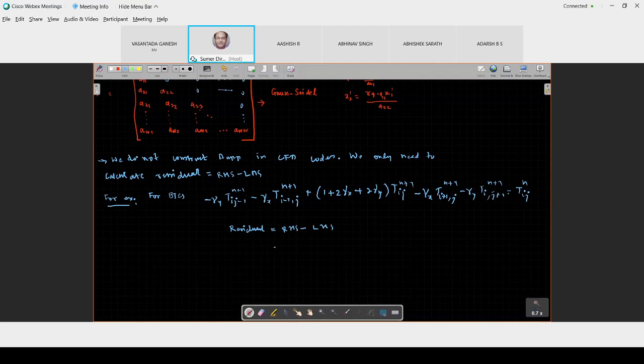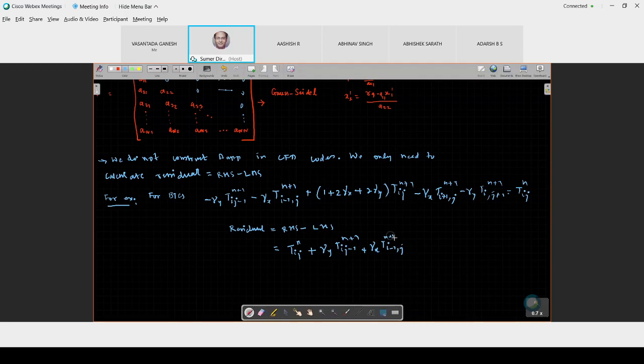The right hand side is T i j n, and all these terms will go there, so minus becomes plus: gamma y T i j minus 1 at n plus 1, and gamma x T i minus 1 comma j.